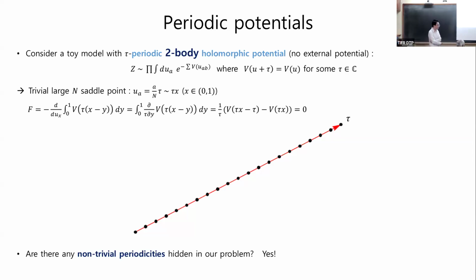Attractive and repulsive make sense when something is real, right? The potential is real. But V is supposed to be a holomorphic function, so what is this repulsive or attractive nature? Basically, you're right, that depends on the direction.